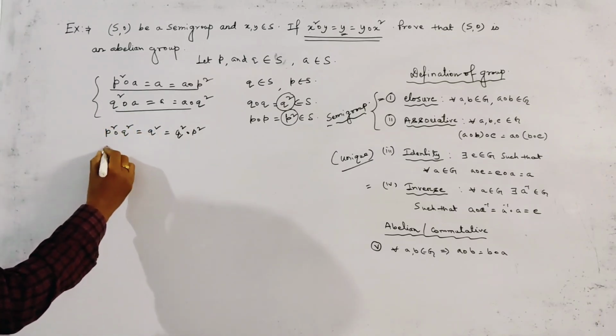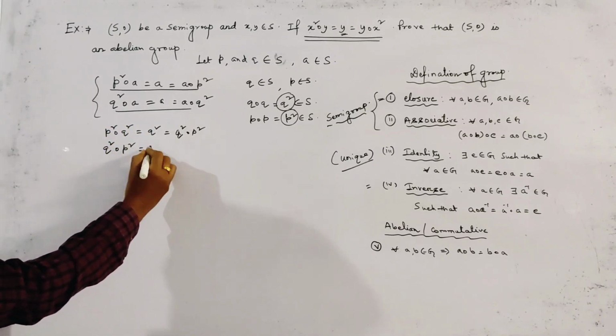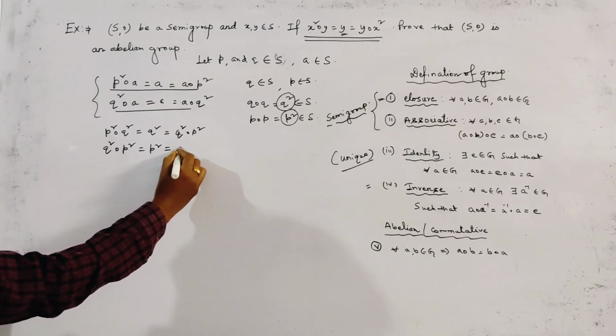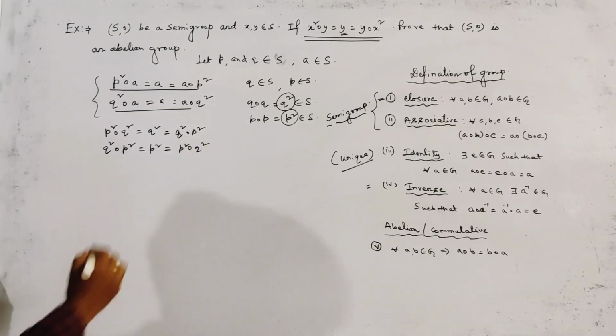And from the second line we get q² ∘ p² equals p², which equals p² ∘ q².